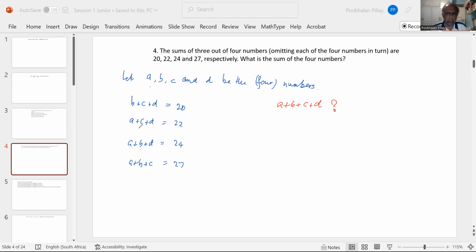Now, if you look at these, and as we did before, we've got 3 A's, 3 B's, 3 C's, and 3 D's. Let's add everything, adding both sides.